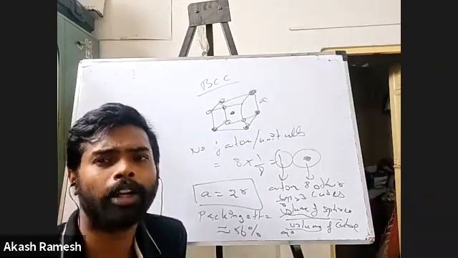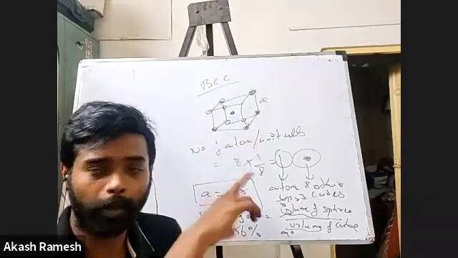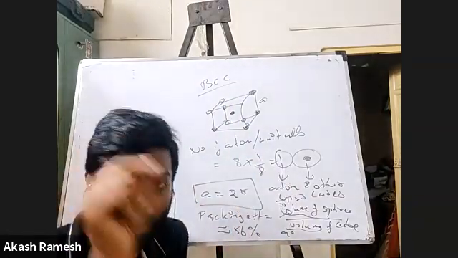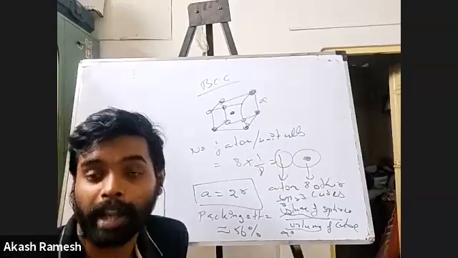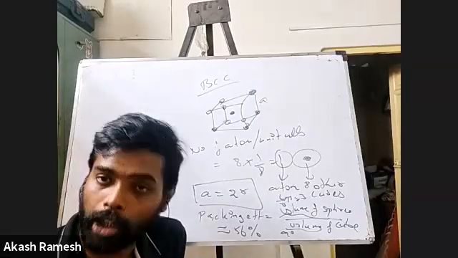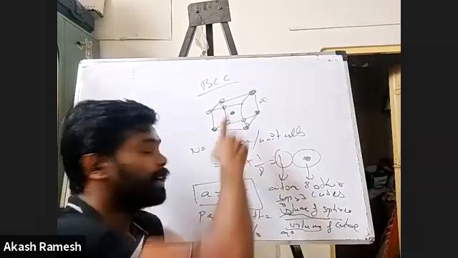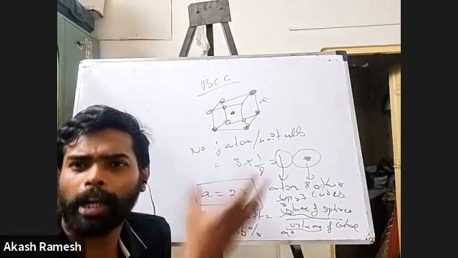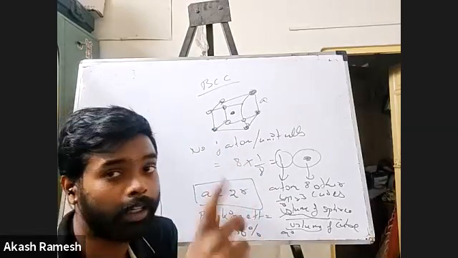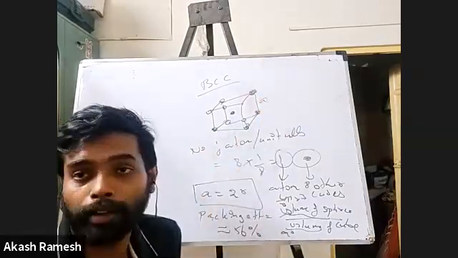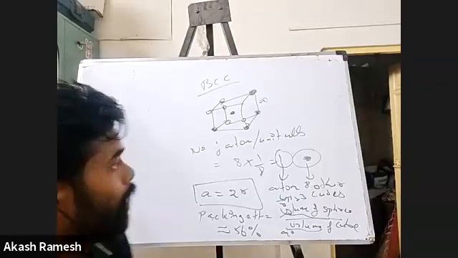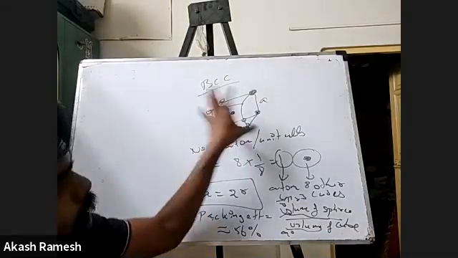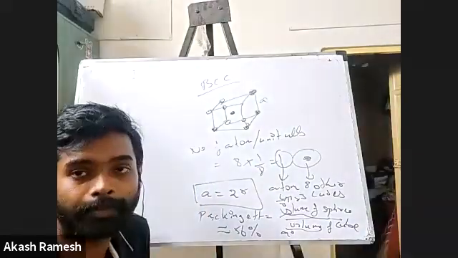Each corner lattice point will be divided among 8 other unit cells, 8 other cubes, but what is in the center is exclusively for this unit cell. If I replicate it, a cube inside a cube would not fetch me the entire lattice. So this lattice point is exclusively for this particular unit cell.